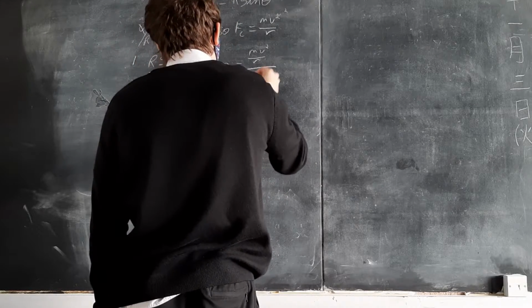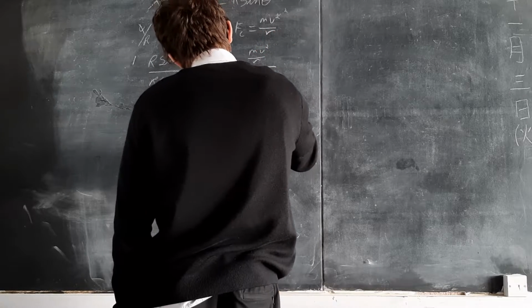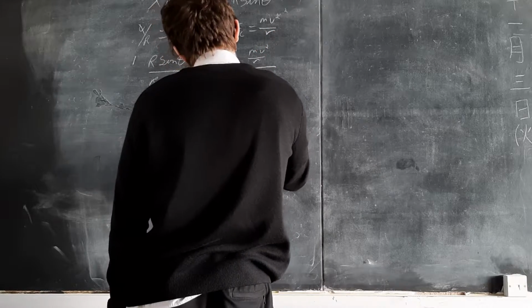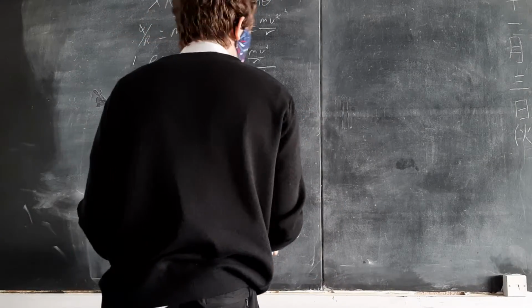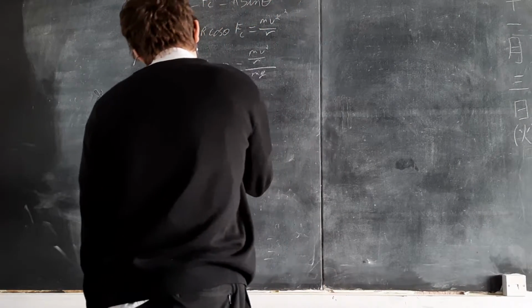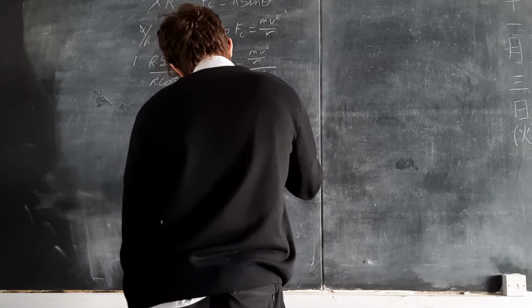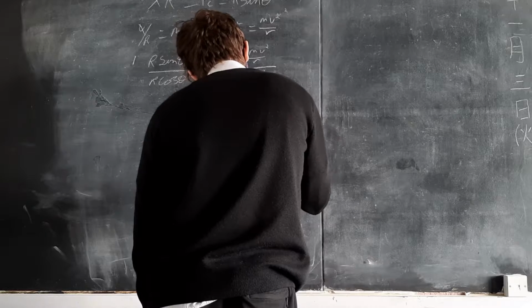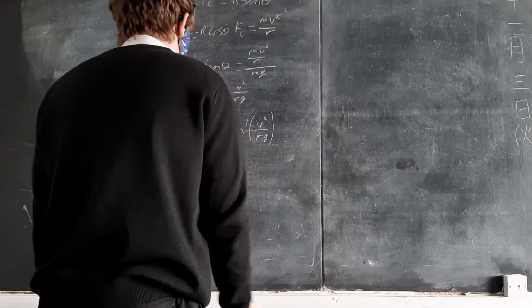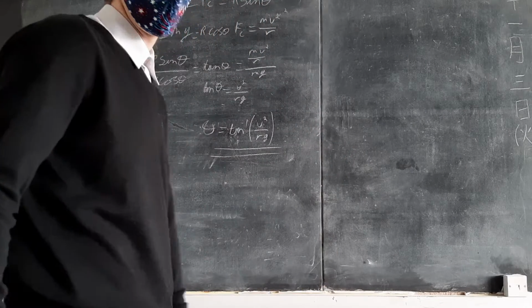Tan theta is equal to v squared over Rg, and then you just take tan minus 1. We can leave it in terms of v, R, and g, and that is what we get.